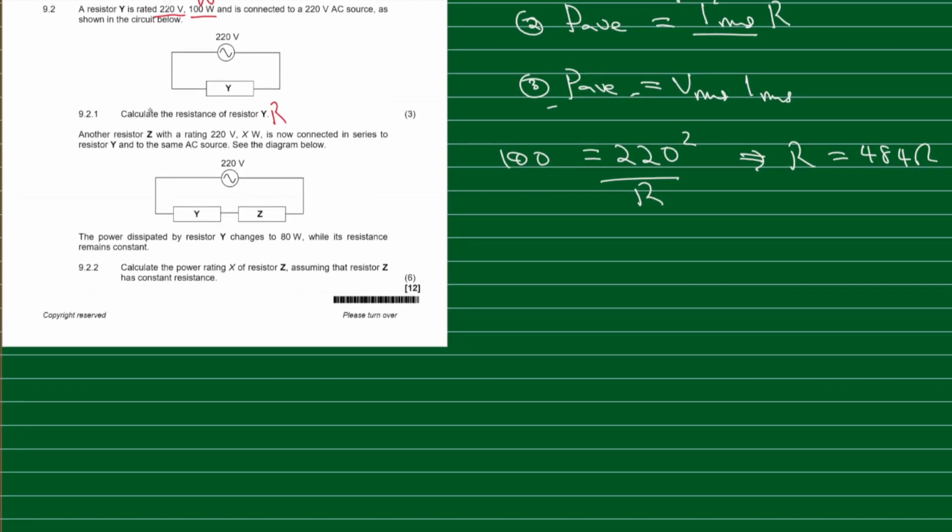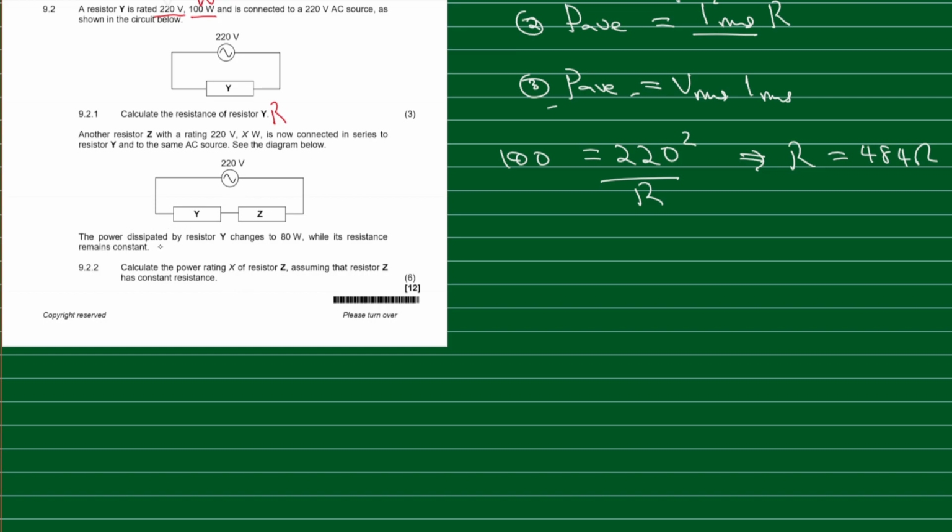Now we are given another resistor Z with a rating of 220 V and X watt, which is unknown power, which is now connected in series to resistor Y and to the same AC source. See the diagram below.